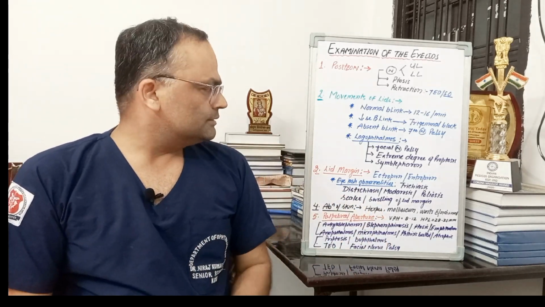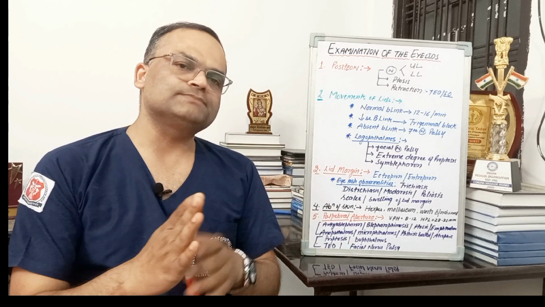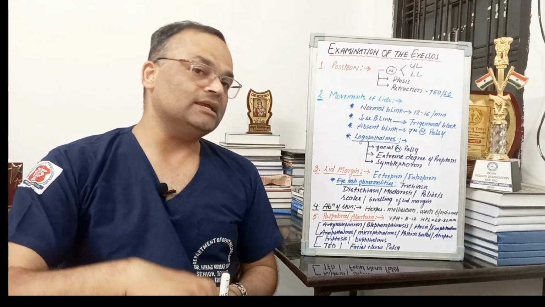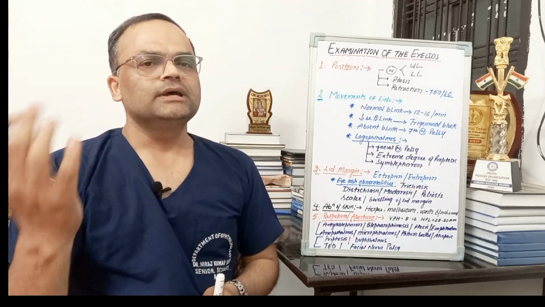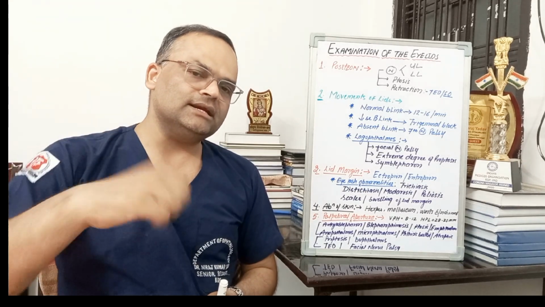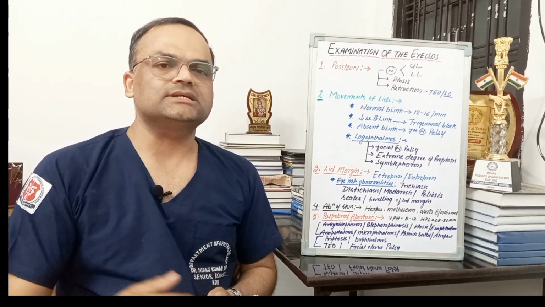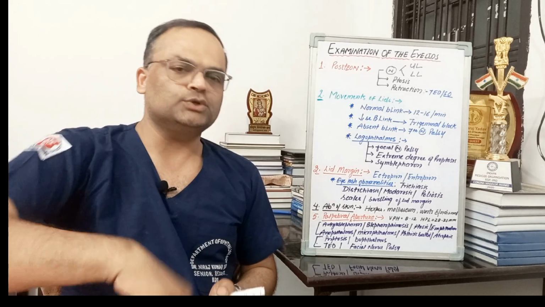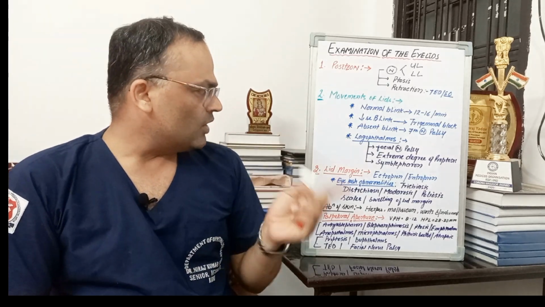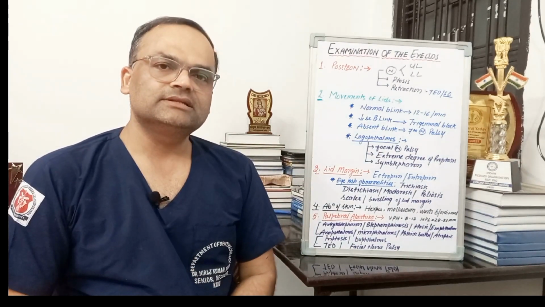In case of ectropion, the posterior lid margin does not lie in close contact with the globe. In case of entropion, the anterior lid margin or the intermarginal strip or the posterior lid margin turns inward towards the globe. Now eyelash abnormalities are very important.